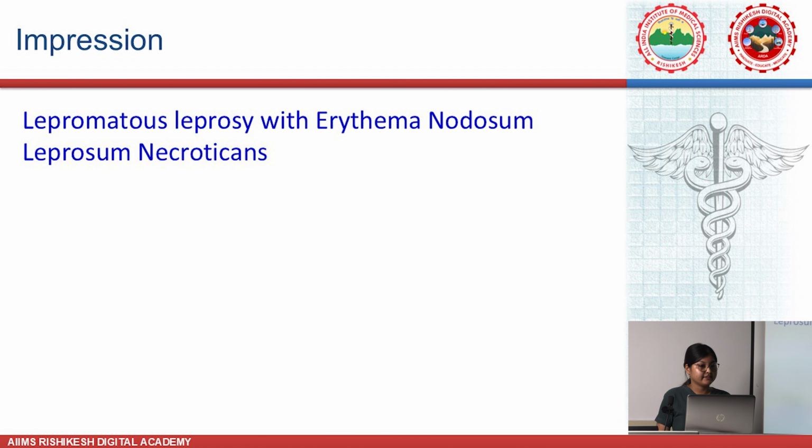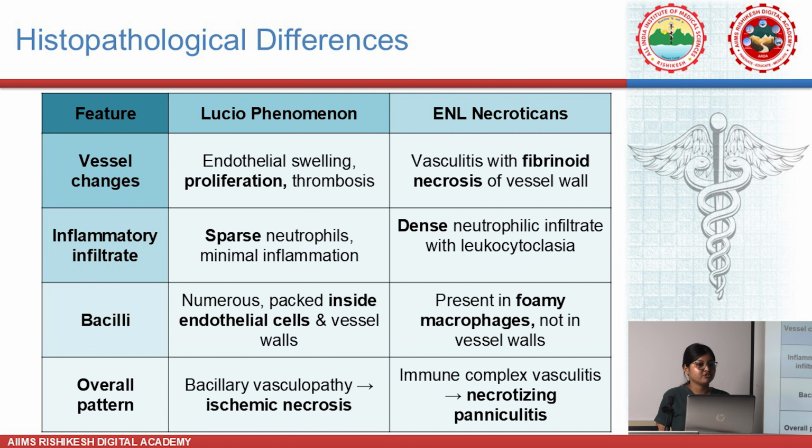Since there was a clinical differential of Lucio phenomenon, I would like to highlight the key histopathological differences between the two. In Lucio phenomenon, the vessels show endothelial swelling, proliferation and thrombosis. And in ENL necroticans, as seen in the present case, there is vasculitis along with fibrinoid necrosis.